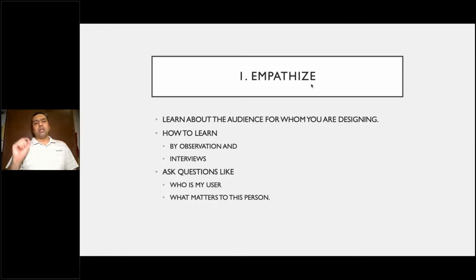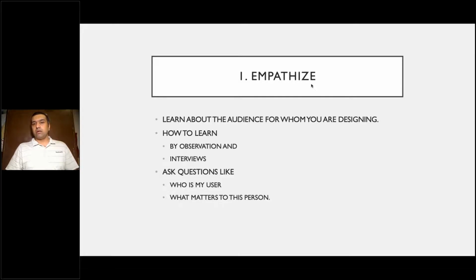No, they went and spoke to the actual users, the actual Navy SEALs who are going to wear that wristband. They asked themselves, who is my user? Someone who is paying you is not your user. Someone who is buying your product is not your user.